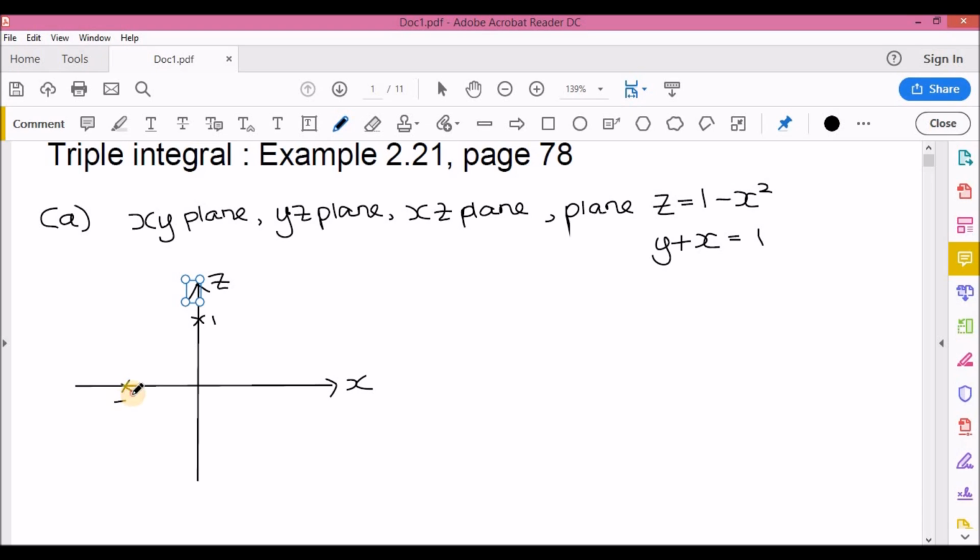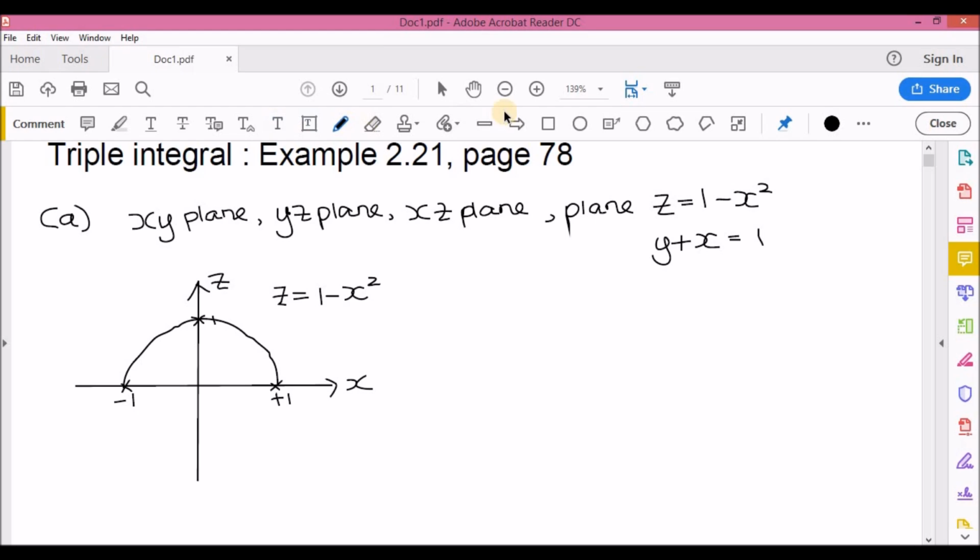So you can mark the points, negative 1 and positive 1. Then you connect these points together in the form of a curve. It is a quadratic, so it will be a curve, something like this. So this one will be z equals 1 minus x squared.